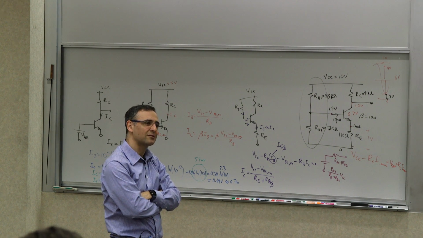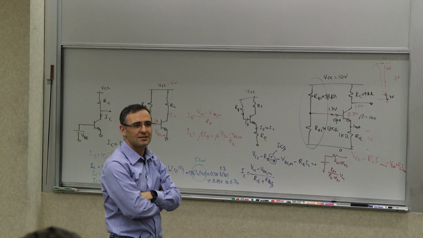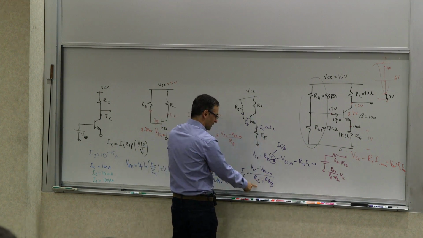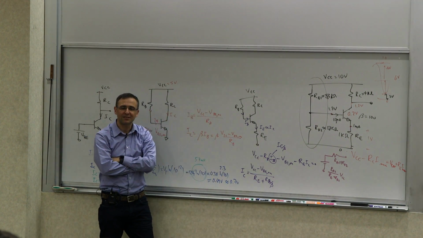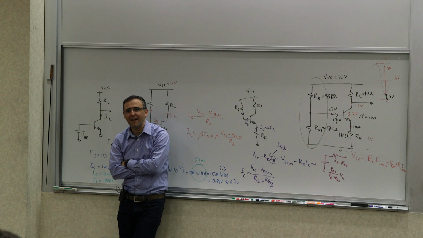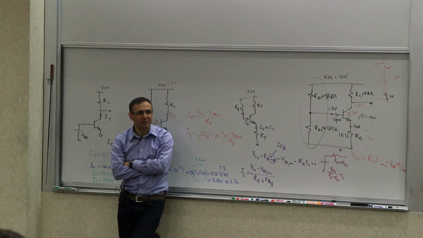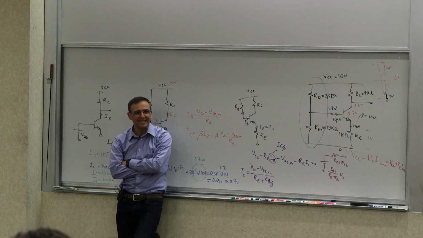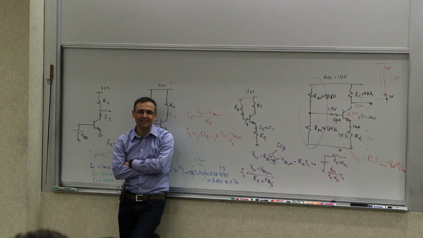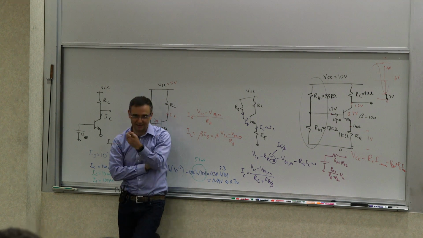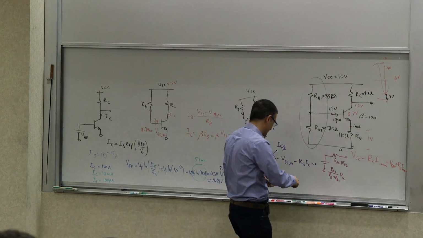So is there a way to have your cake and eat it too? In the sense that you put that resistor there to make the biasing stable, right? But it's only there for biasing. It doesn't have to be really there for your signal. It's only there for DC. Can you separate the DC and AC? Yes. For the capacitor, right? Bypass, right?